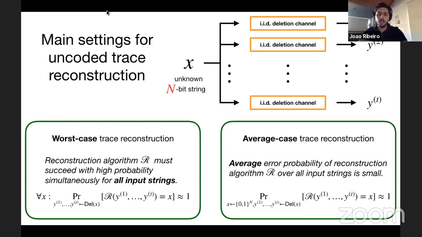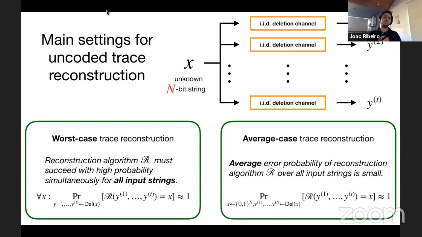Okay, so people have been studying two main settings for uncoded trace reconstruction. I say uncoded because in this motivation with the DNA and sequence alignment, you cannot really code the DNA of your ancestor. So it's just an arbitrary string, and your reconstruction algorithm needs to work for arbitrary strings. This leads to two settings.